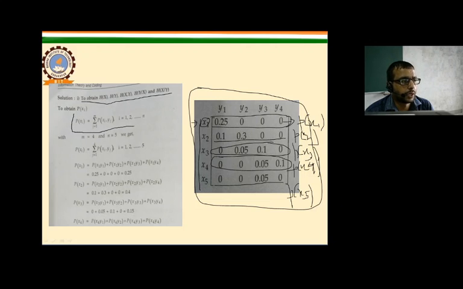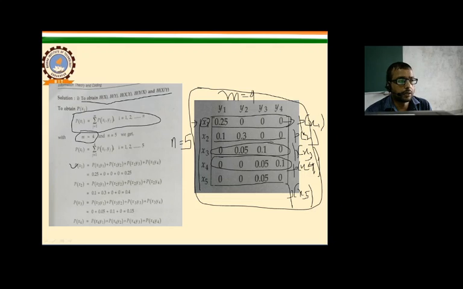the generalized formula to get p(xi). And here, considering m is equal to 4 and n is equal to 5, means this side indicates m equal to 4, and this side indicates n equal to 5. And after that, as I already said, we have to calculate p(x1).